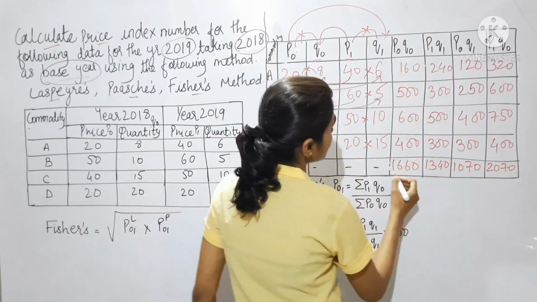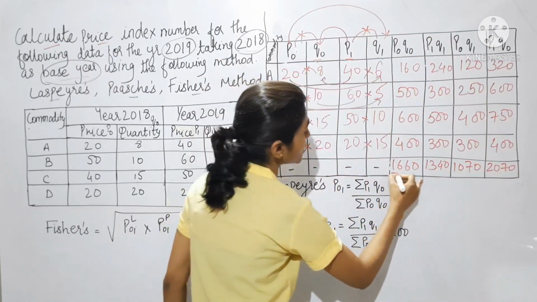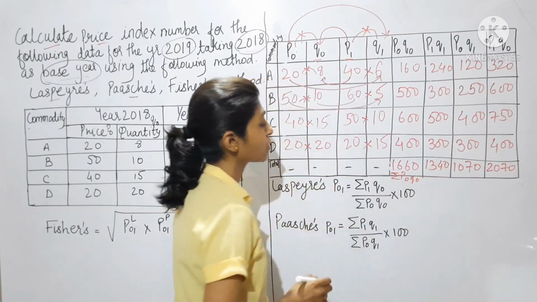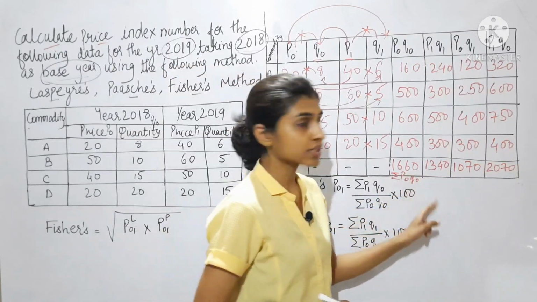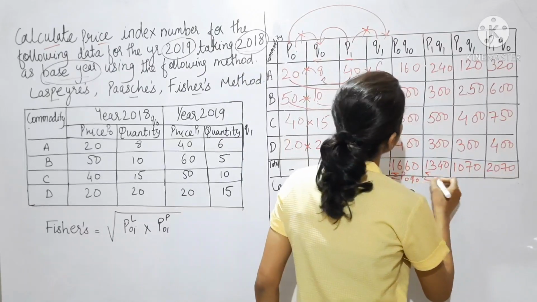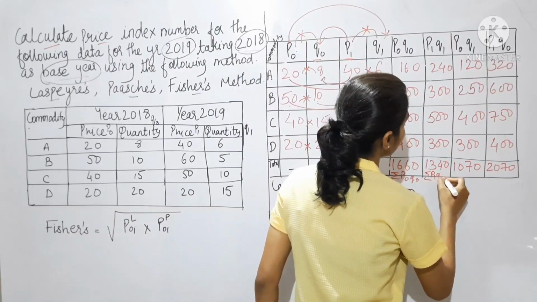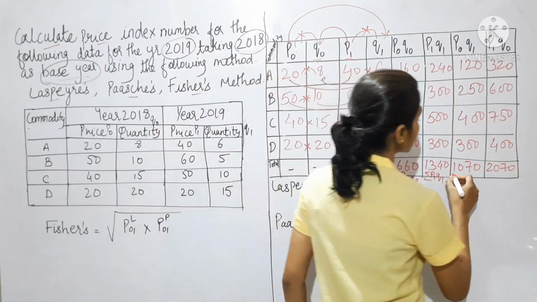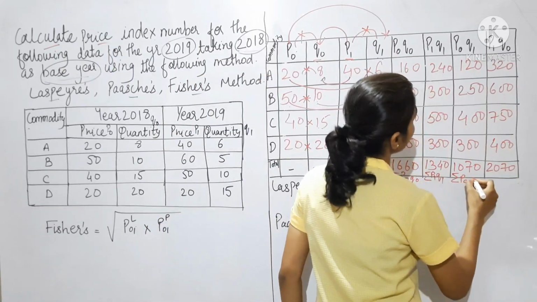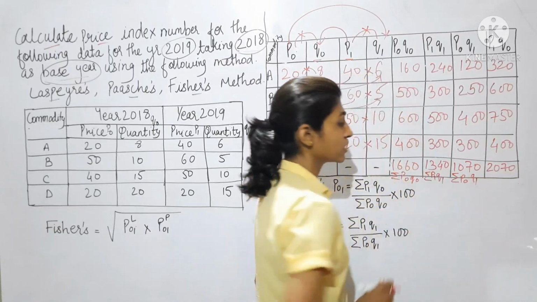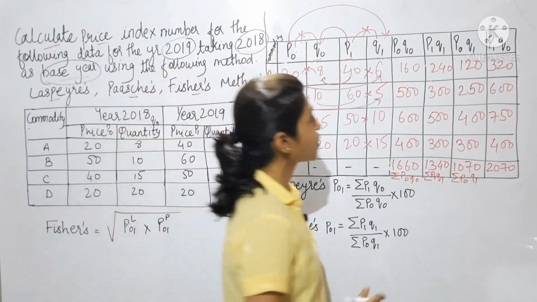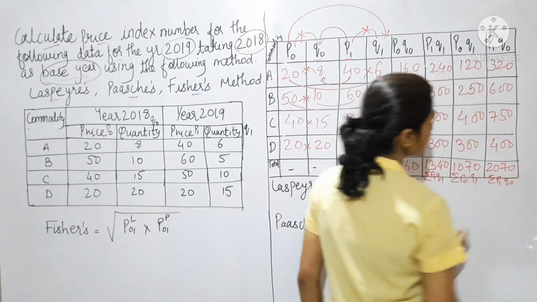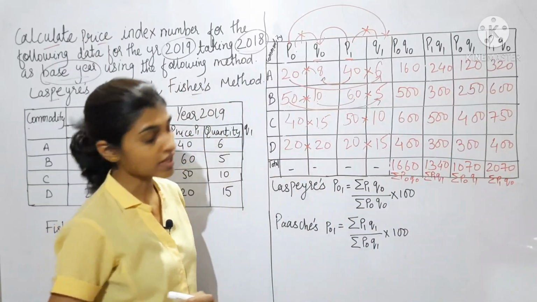Summation of P0 Q0 is 1660. Summation of P1 Q1 is 1340. Summation of P0 Q1 is 1070, and summation of P1 Q0 is 2070.